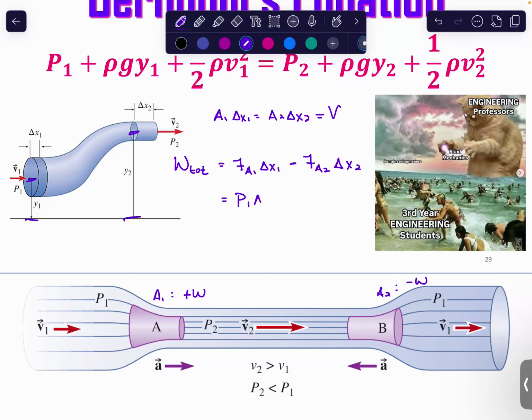So the force is P1 A1, because back in the beginning parts of the chapter, force is pressure times area. And A times delta X is V. A2 times delta X2 is also V, so we end up with P1 minus P2 times volume.